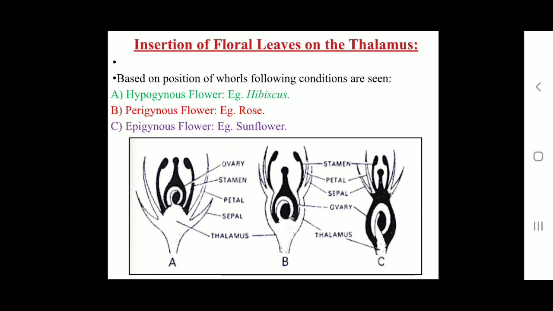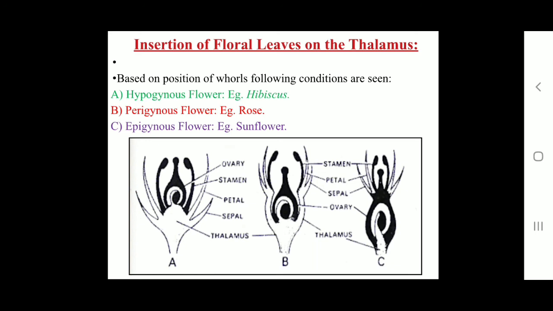In other words, ovary occupies the topmost position on thalamus. Thus the ovary is said to be superior and the flower is hypogynous, which is present in datura, hibiscus and mustard.